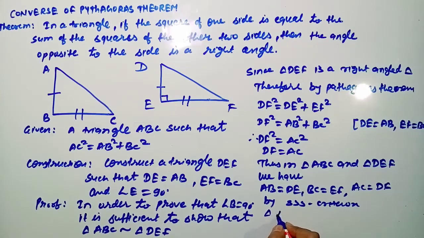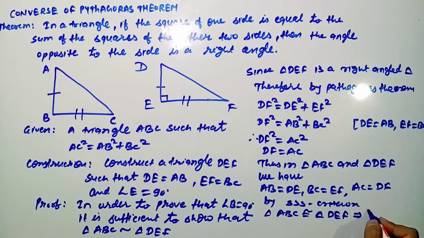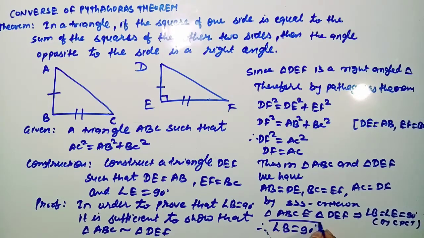So we can write angle B is equal to angle E. We know that angle E is 90 degree. So by CPCT, corresponding parts of congruent triangles are congruent. So here angle E is 90 degree, therefore angle B will be 90 degree.